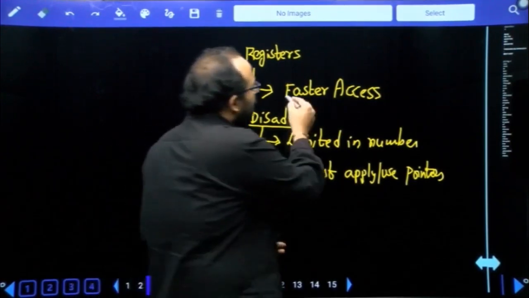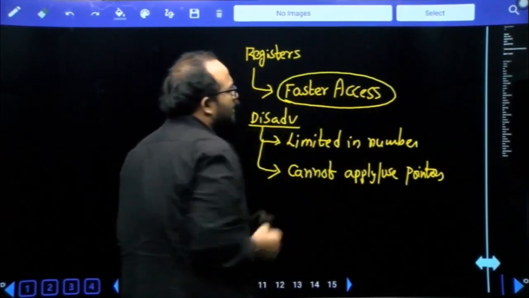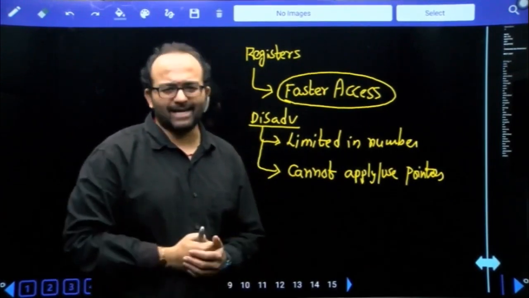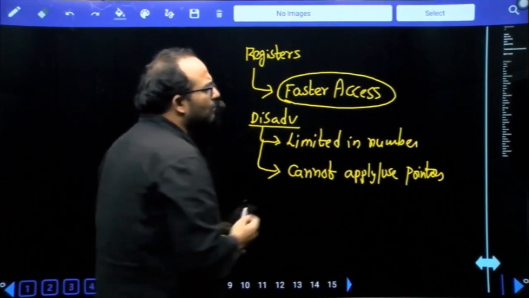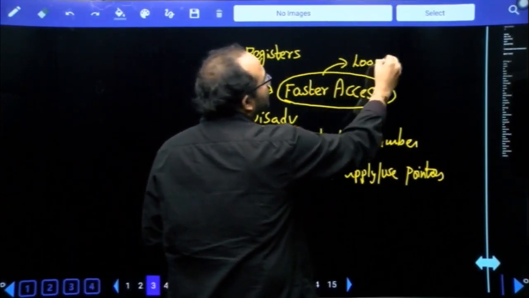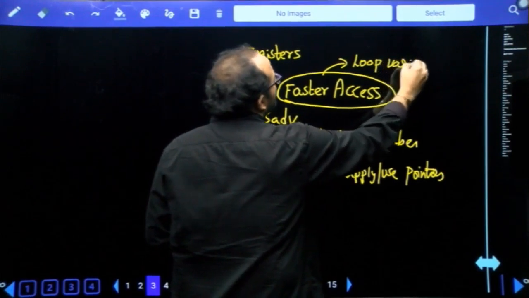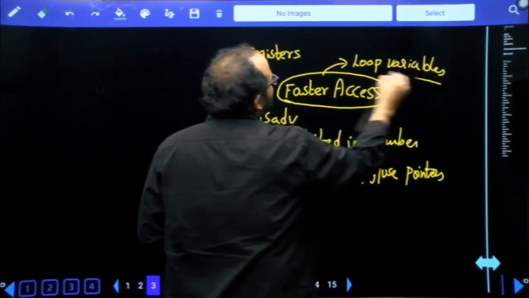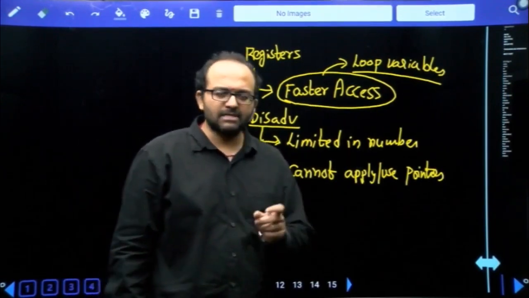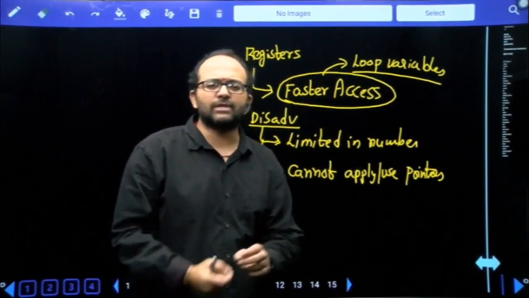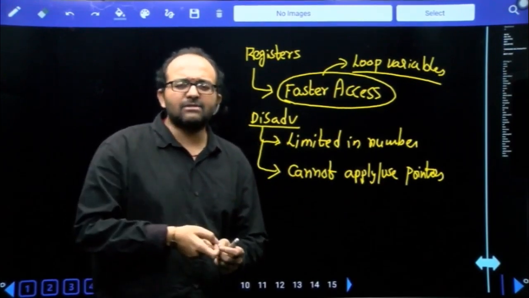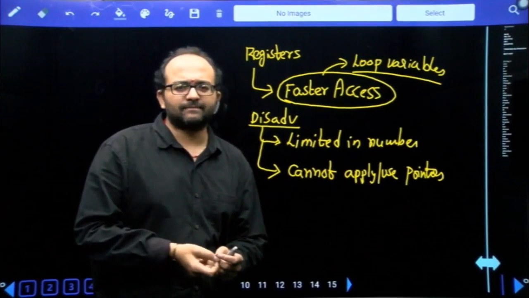But since variables in the register storage class are faster to access, we generally use it for loop variables. Loop variables are considered under register storage class because you are going to access them frequently.